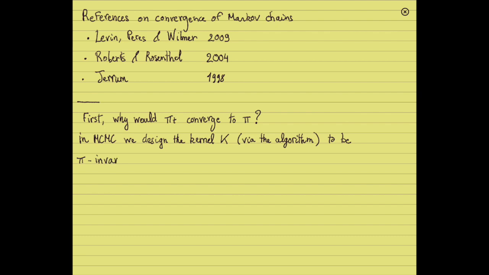That is, we construct the kernels in such a way that we have the recursion pi equal to pi times K, using the notation of finite state spaces. Or in continuous state spaces, we have that pi of dx is the integral of pi dz K of z, dx over z. So that's a sort of fixed point type of property.